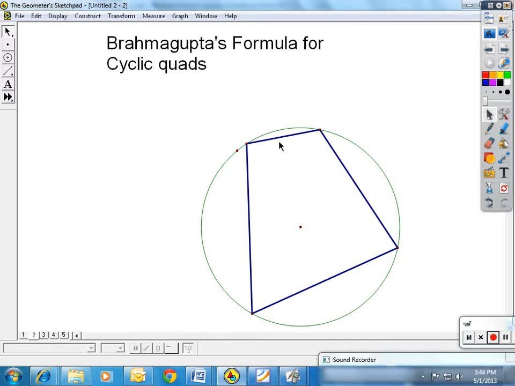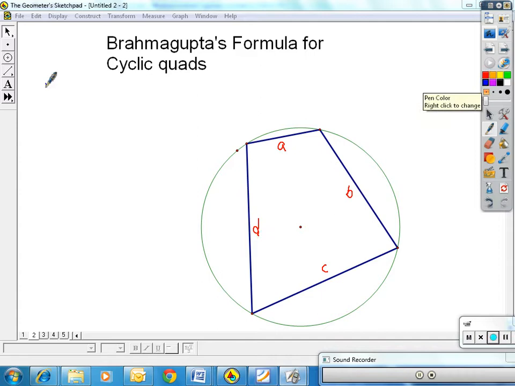We need the side lengths of a cyclic quad. I'm going to call that length A, this length B, this length C, this length D. So I need to know the lengths of my sides, and I need to know that it's a cyclic quad. So the givens: I'm going to need to be given the fact that it's cyclic.